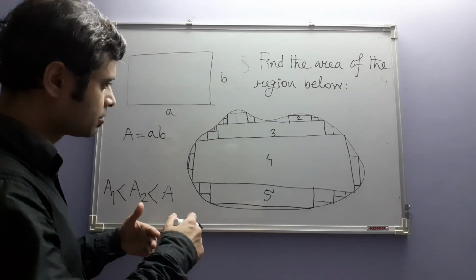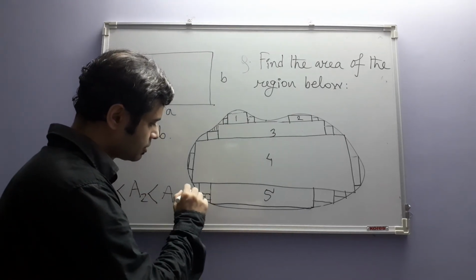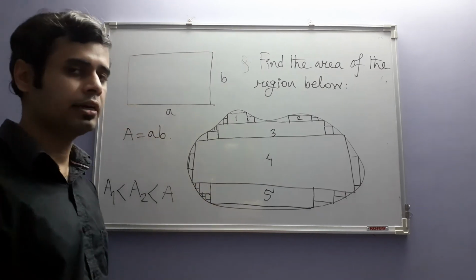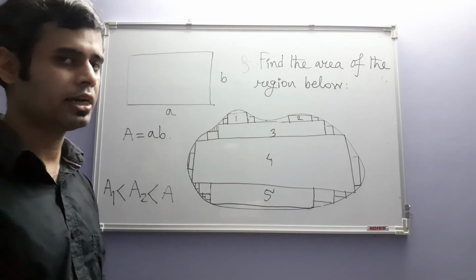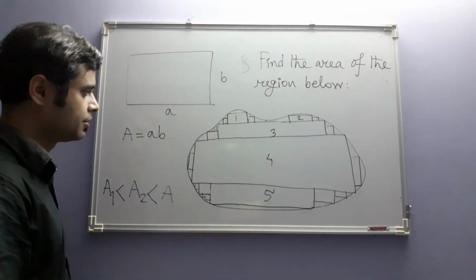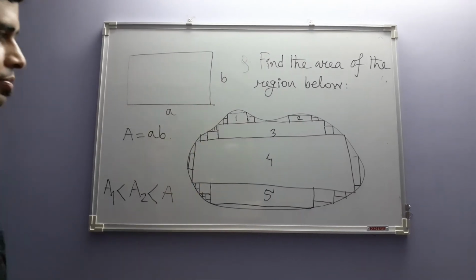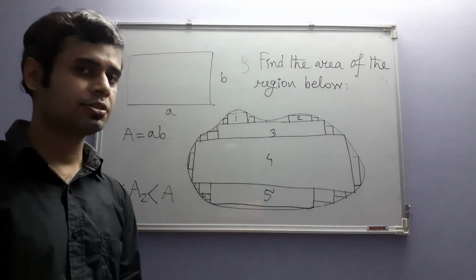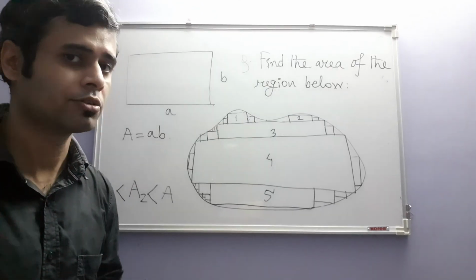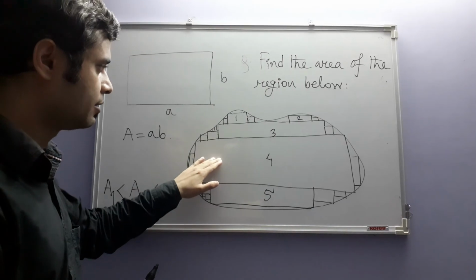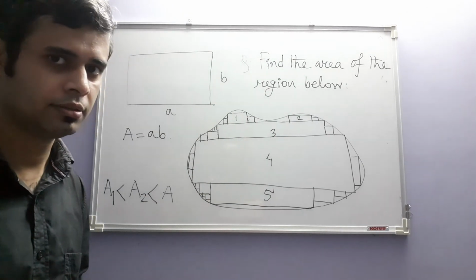If you keep on doing this process by including even smaller and smaller rectangles, you will start getting closer to the actual area. So you see that unlike the previous problem, here there is no single best fitting pair of shoes. Here there are many shoes which progressively get better and better.